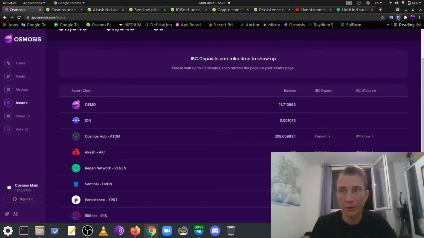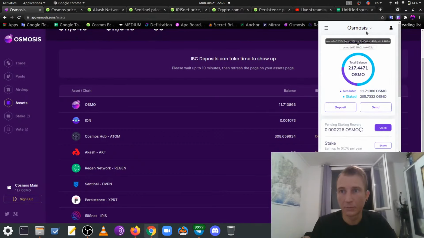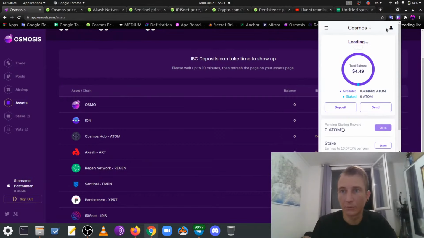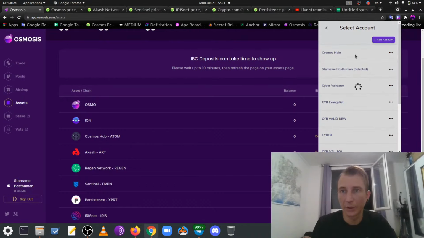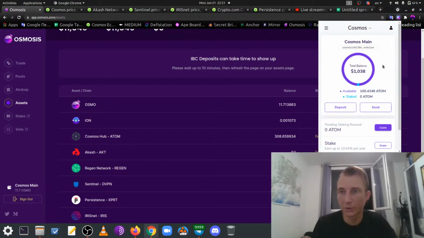Go to the Keplr, check the Cosmos, switch the network, switch the network back, we see our 100 atoms.